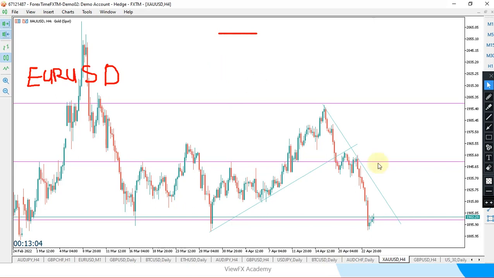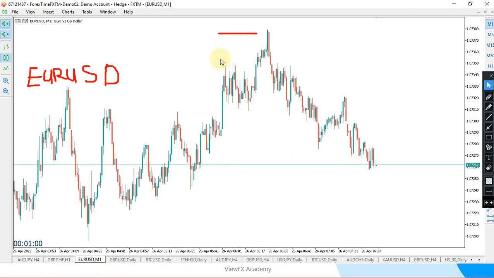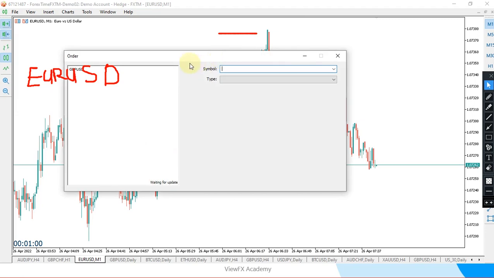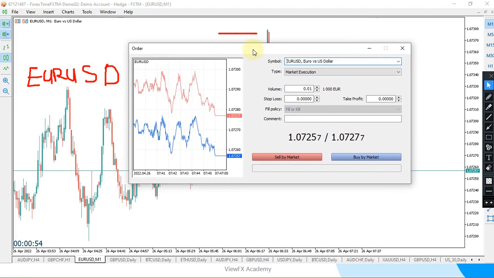This is the trading app, and if I want to place a trade, I'll press F9 on my keyboard. Then you see this volume here. This is what we are talking about.